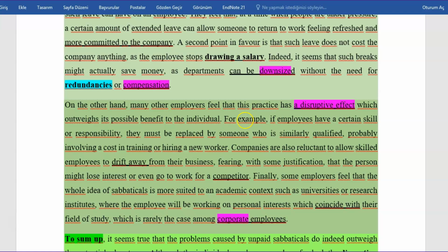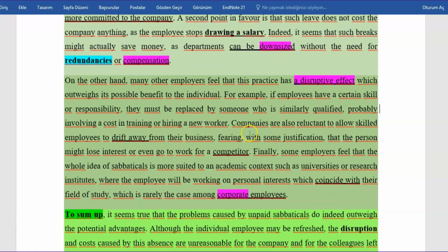For instance, if employees have a certain skill or responsibility, they must be replaced by someone who is similarly qualified. Probably, again, usage of tentative language, right? Involving a cost in training or hiring a new worker.